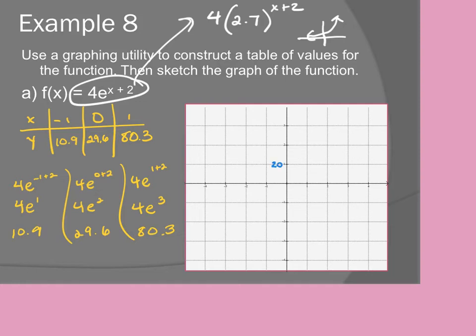Let's say this becomes 20, 40, 60, 80, but I'm going to keep my x values the same. Now I'm going to plot negative 1 and 10.9, so like halfway. 0 and 29.6, so right around 30. And 1 and 80.3.